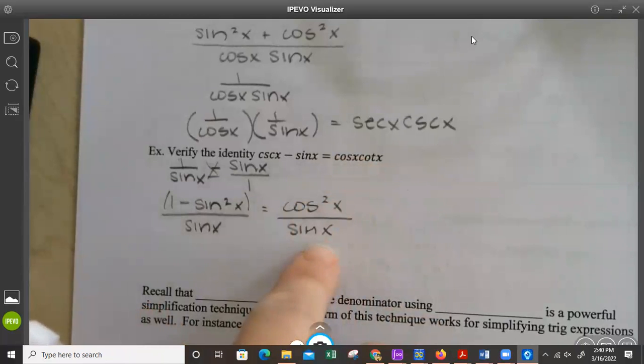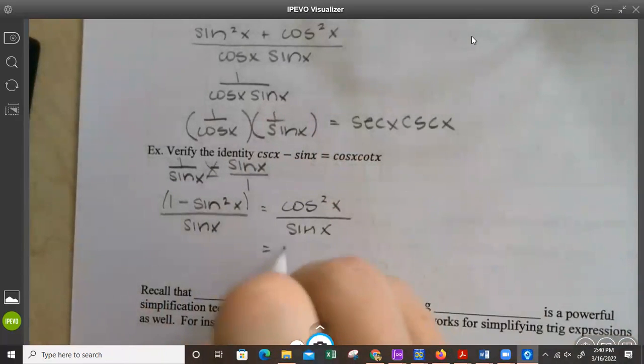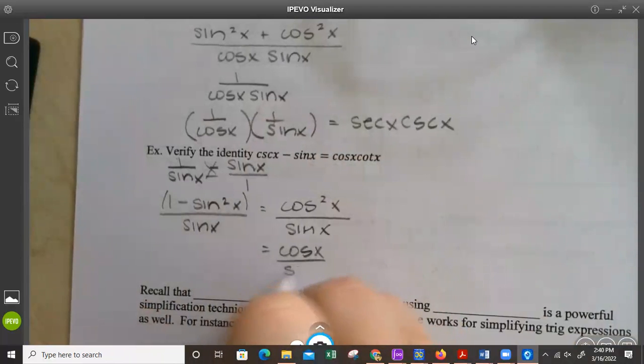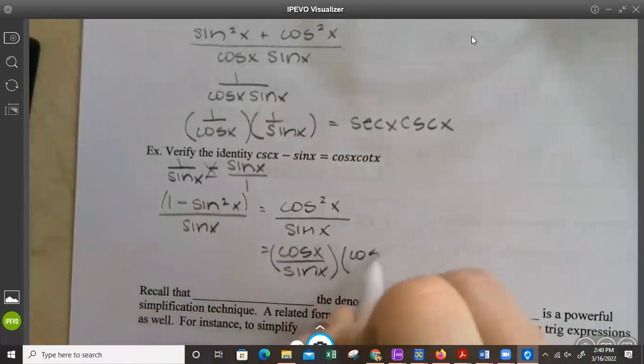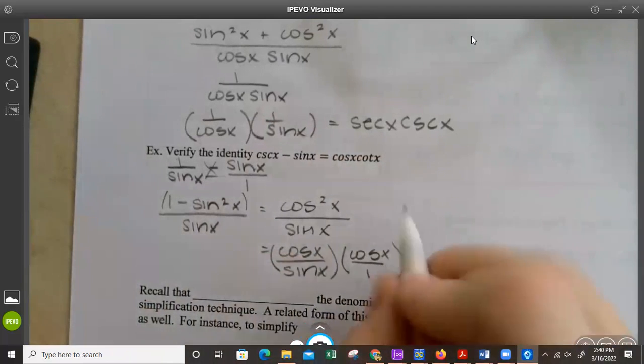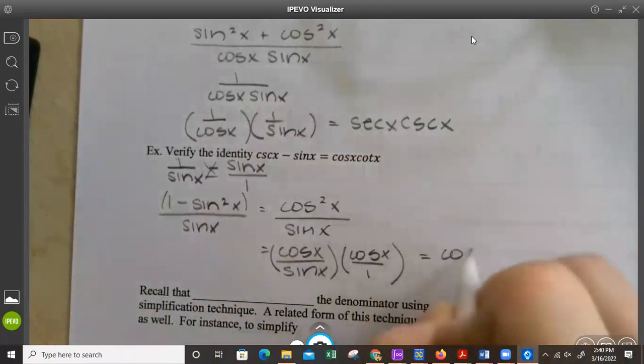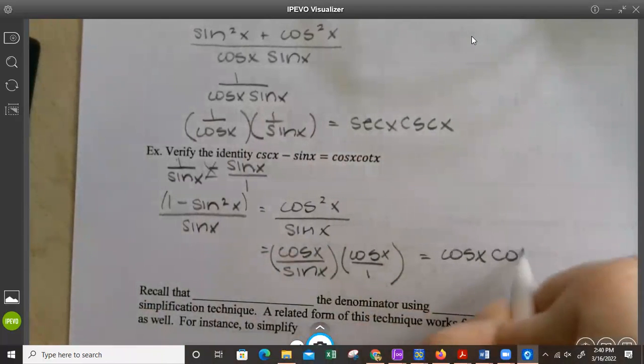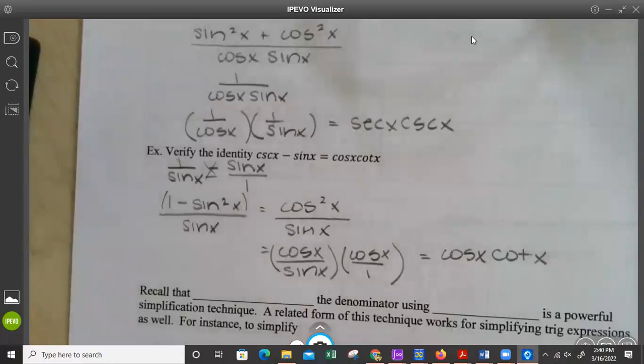Yes. You see it? You can split this up like this so that you can see it. That turns it into cosine x, cotan x, because cosine over sine is cotan. Alright.